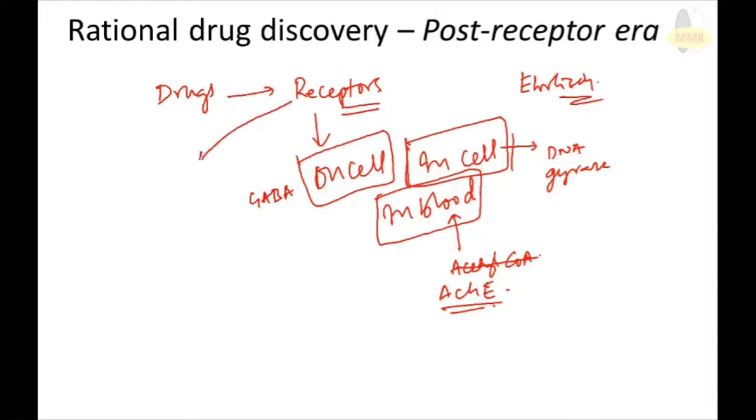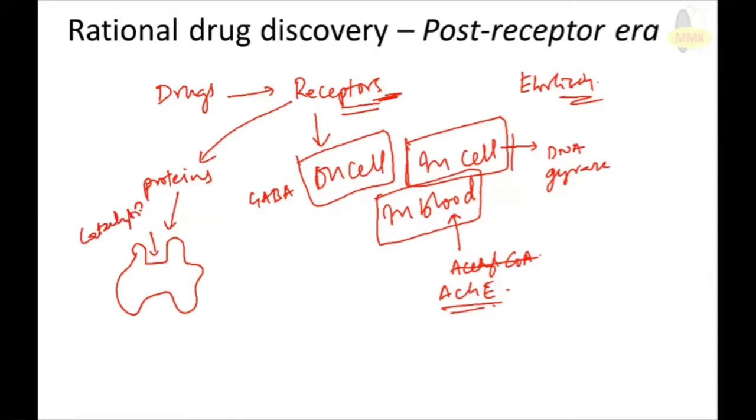The next point is that receptors are proteins. A protein can be an enzyme or a transmembrane protein or anything like that. If this is the protein, this is the catalytic region, and this is where the receptor is.